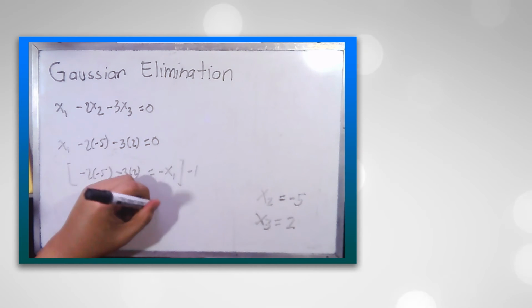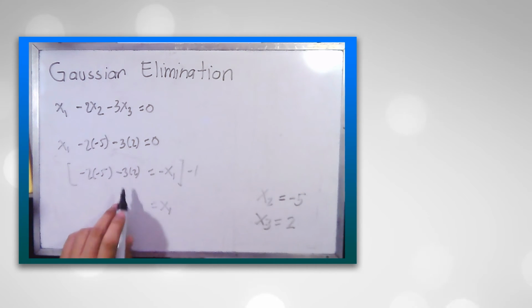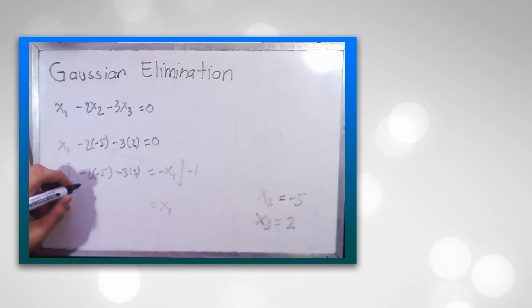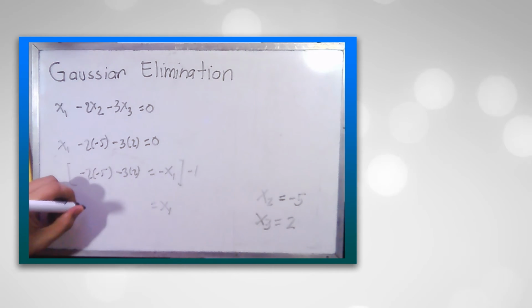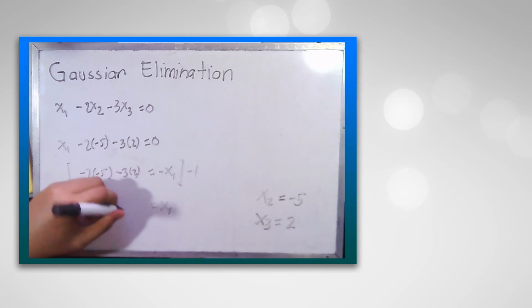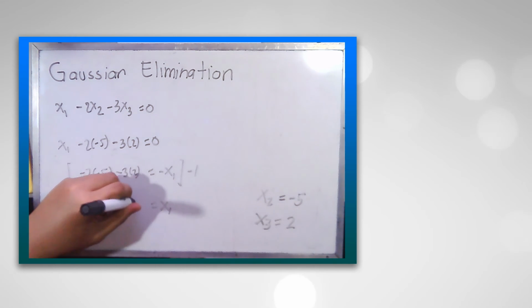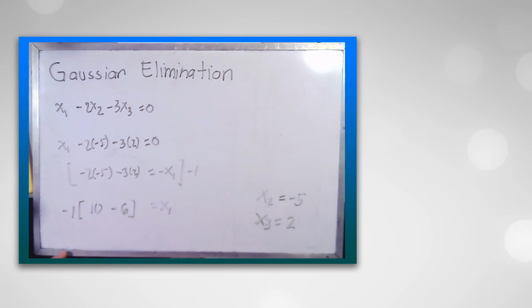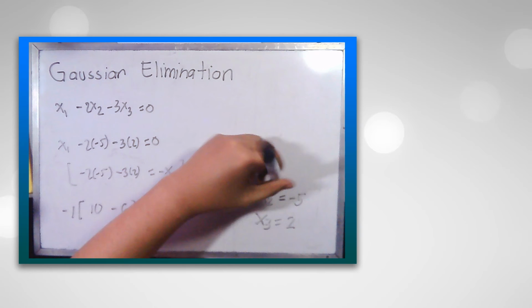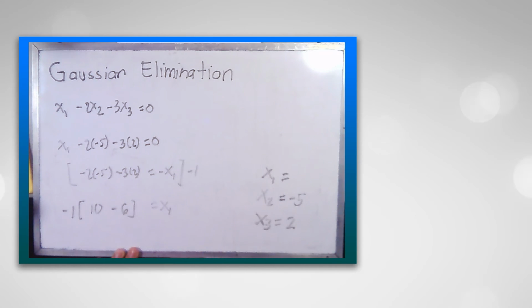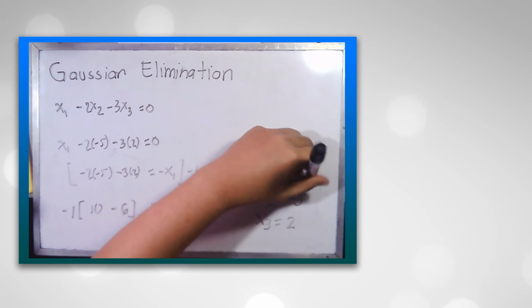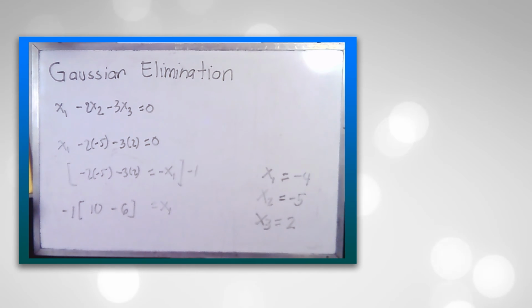So this will be x1, and then 10 minus 6, -1. And so our x sub 1 is equal to 10 minus 6 is 4 times -1 is -4.